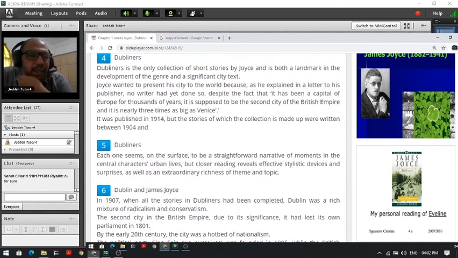In terms of characters, you will have to give us the characters, and then we judge whether these characters are flat or round characters, are major or minor. You give us a setting, and we check whether the setting, in terms of time and place, is instrumental in furthering the action of the short story or not.